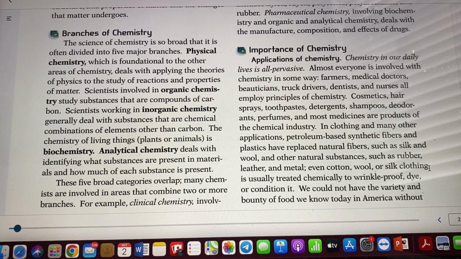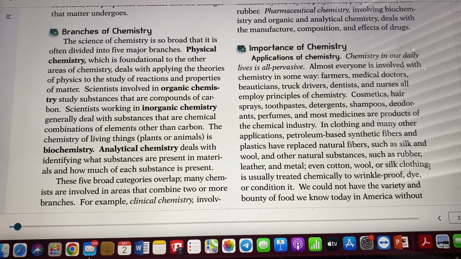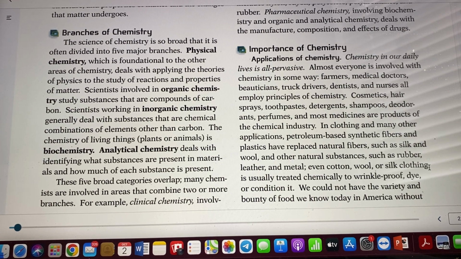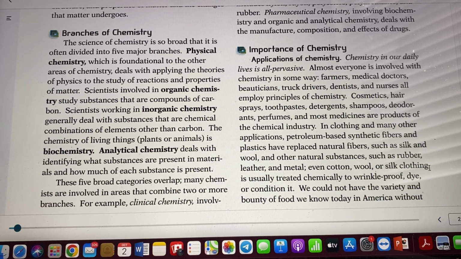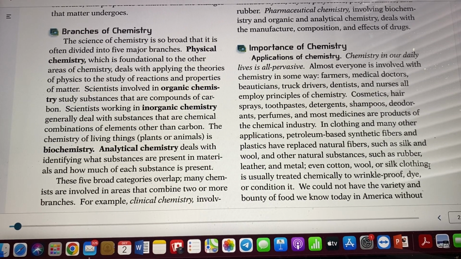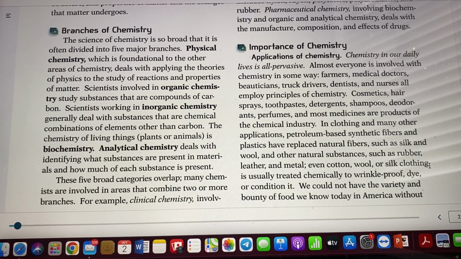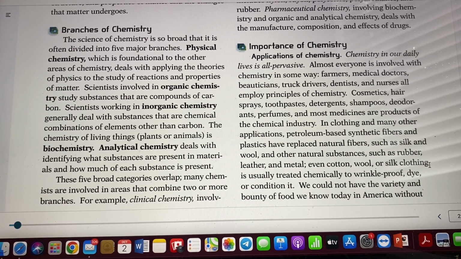Analyzing chemistry, right? So we have physical chemistry that has to do with physics, that's foundational. Organic has to do with carbon. Those that have carbon are organic, and inorganic, those that do not have carbon. Bio meaning living things, plants or animals, and then analytic means substances in materials and how much substance is in these materials.